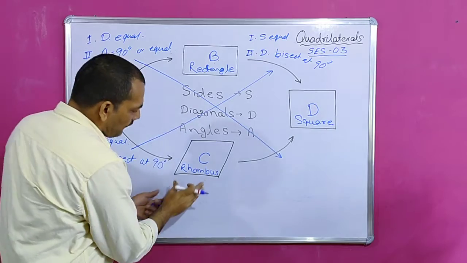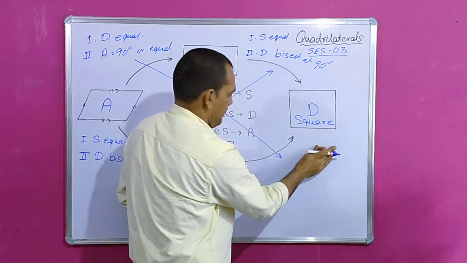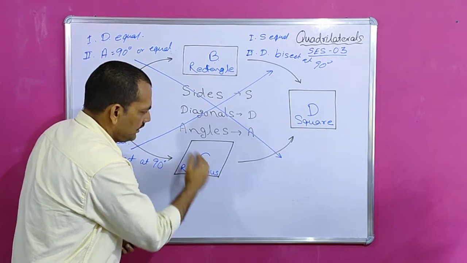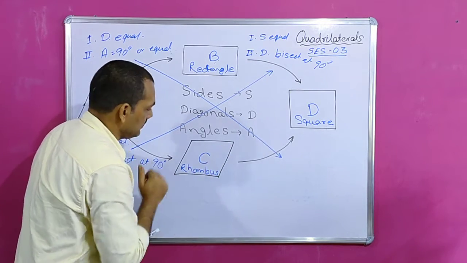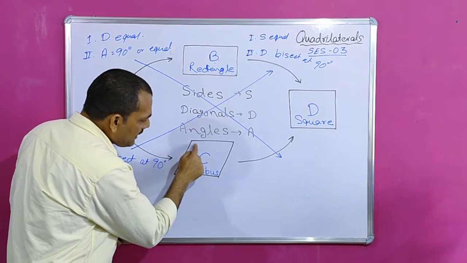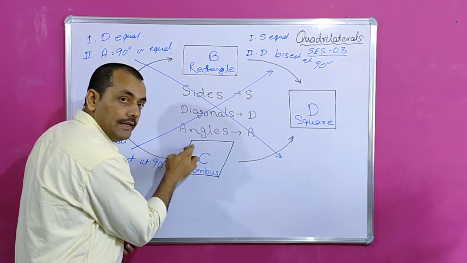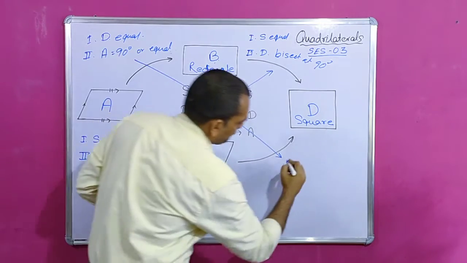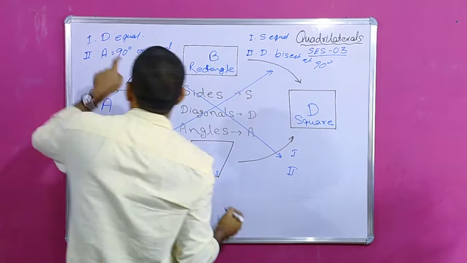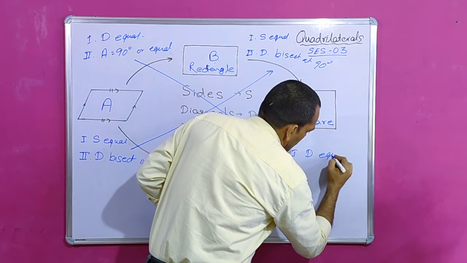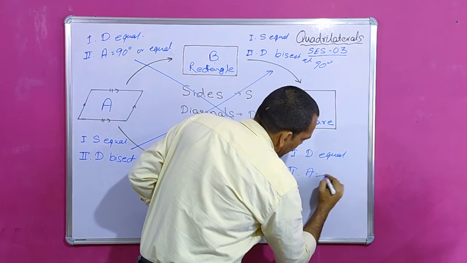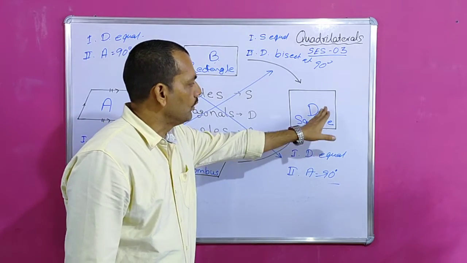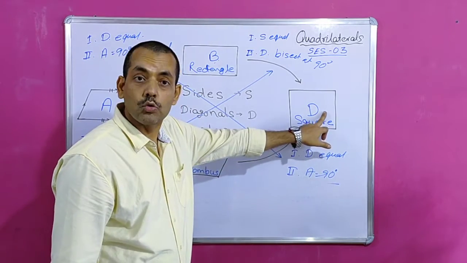Now, in case of a rhombus becoming a square, a rhombus has all 4 sides equal and diagonals as perpendicular bisectors, but if any one angle is equal to 90 degrees, then this rhombus will become a square. So, taking the second property, 1 and 2: 1 says diagonals equal, 2 says angle equal to 90 degrees. So, in case of a rhombus, if any angle is equal to 90 degrees, this rhombus will become a square.